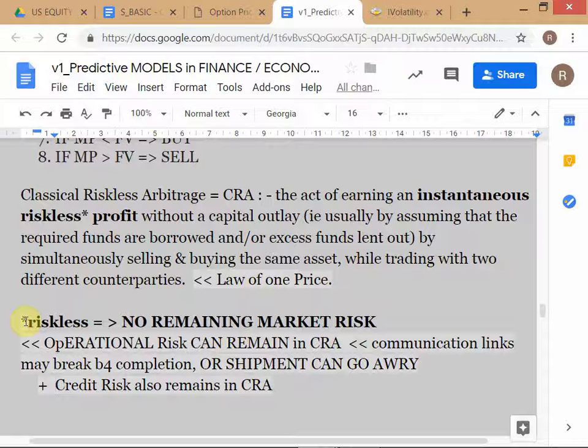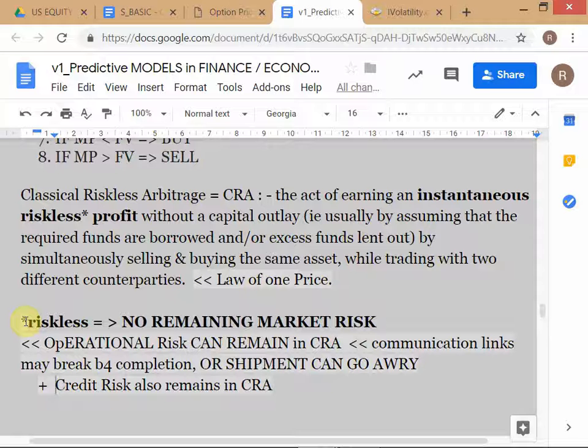When you look at a typical textbook definition of CRA, you will not find these kinds of qualifications. Most textbook definitions will only say riskless profit, but they don't make the finer distinction between market risk, operational risk, and credit risk.